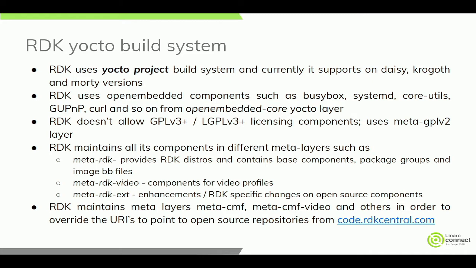For OpenEmbedded core components, enhancements on RDK will be maintained in a separate layer. Completely for the open community, they have introduced CMF layers for all these available RDK layers. It has bbappends, and it points to the open source repositories.